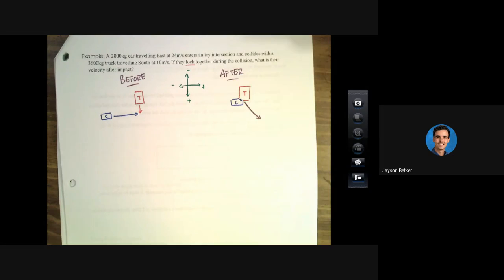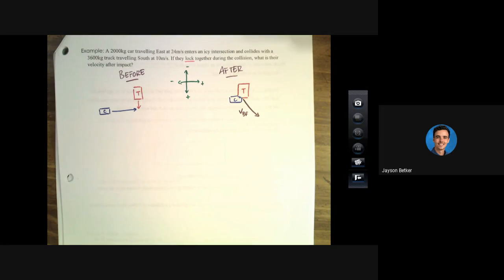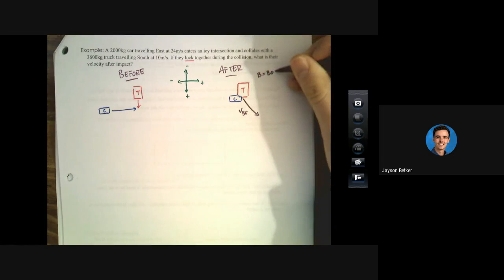I'm going to call this VBF. Now, obviously, we know what the F means. The F means the final. B is my subscript, which stands for both of them together. So that's what I'm going to use.